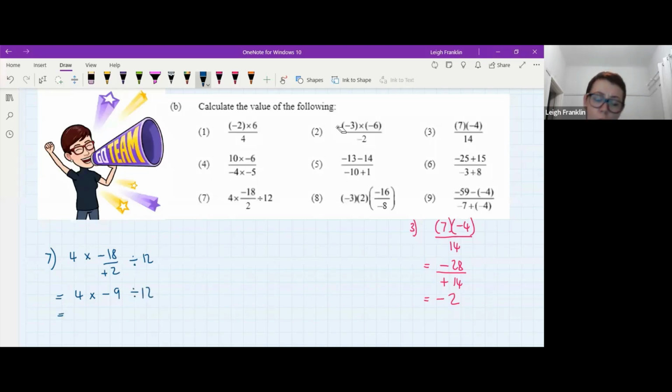Now working from left to right, a positive times a negative is a negative. 4 times 9 is 36. So 36 is being divided by positive 12. A negative divided by a positive is a negative. 36 divided by 12 is 3. Okay, so just like that. Thank you. No problem.